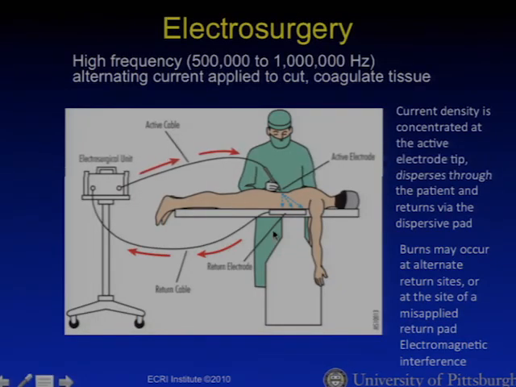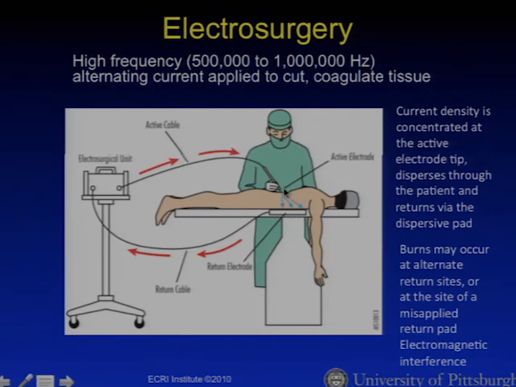Basic concepts of electrosurgery are that a very high frequency current is applied, alternating current, which cuts or coagulates tissue. The current density is very concentrated at the tip of the Bovie electrode, then disperses through the patient and returns to ground via the dispersive pad.